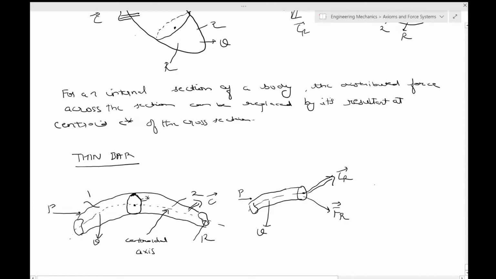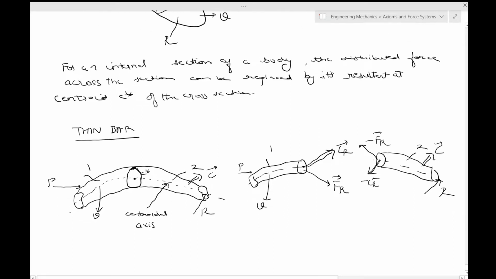Similarly on this side, this is already a C, this is the second part, this is the first part, this is an R, and over here we have this minus of CR and then minus of FR.